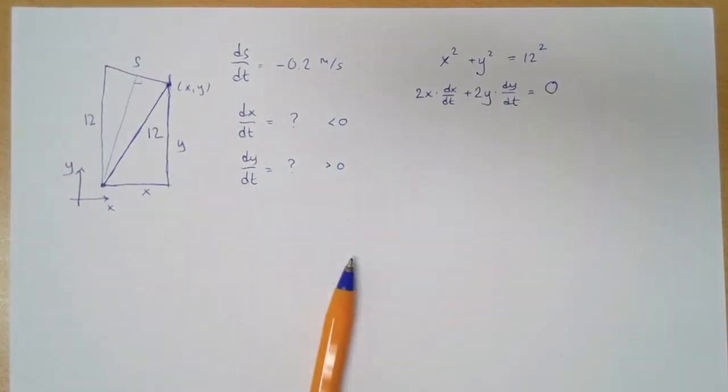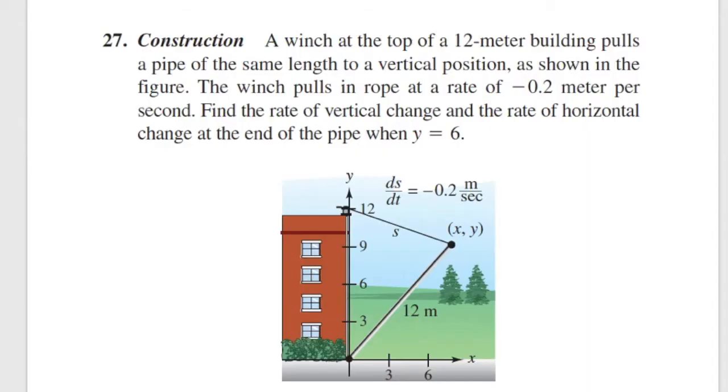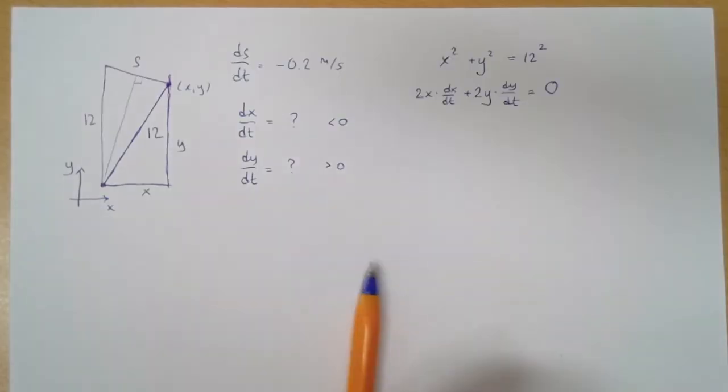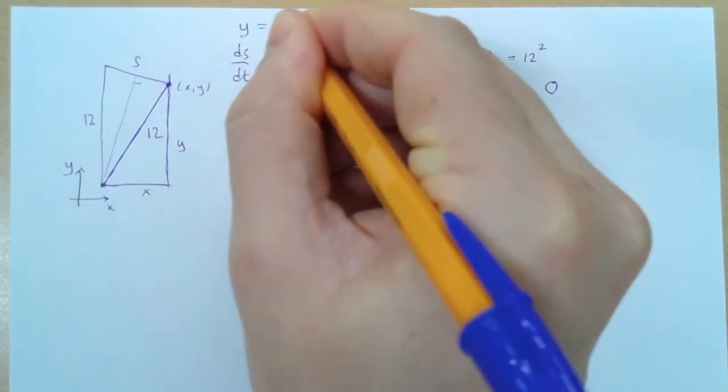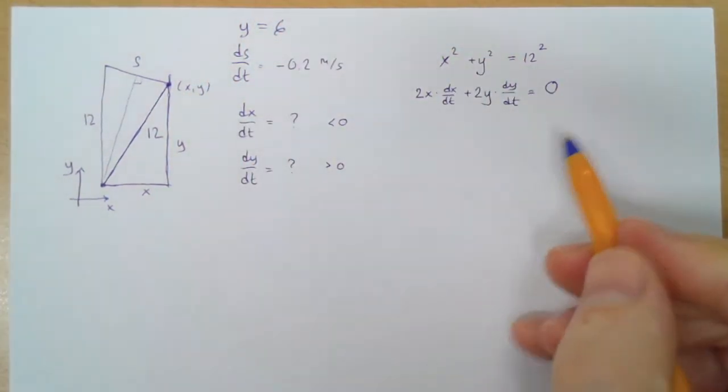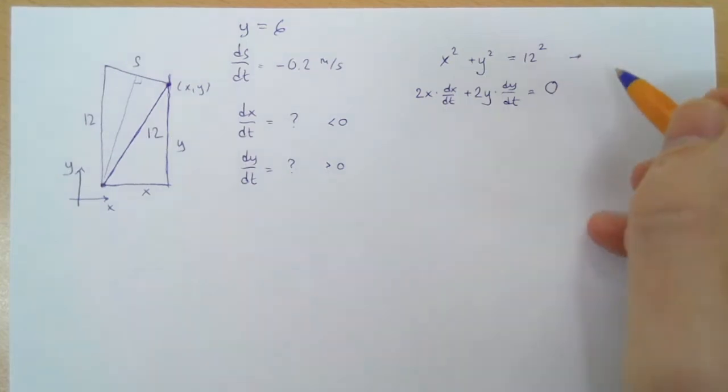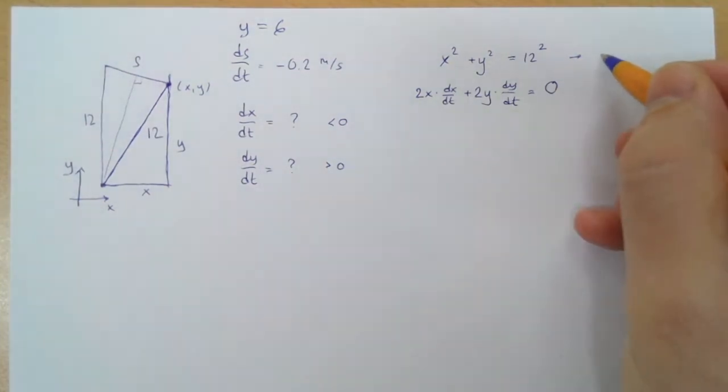Let's check again. I think it was said that I'm looking for the rate of change of the pipe moving horizontally and vertically when y equals 6. Excellent. So y equals 6. Let me add it to the list of things that I know. So I can actually use this one here to find out the value of x.